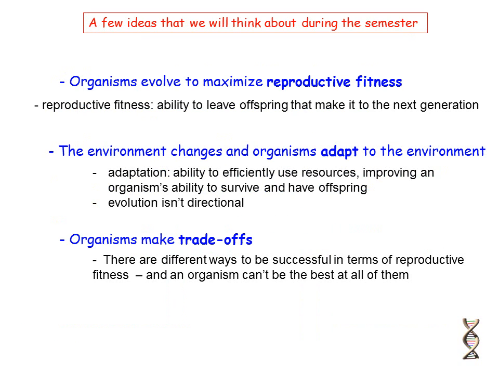All right, so here's a few ideas that we'll think about during this semester. Here's one. Organisms evolve to maximize reproductive fitness. Reproductive fitness, we're going to see, is a key to why it is that organisms do what they do. Here's another idea. The environment changes and organisms adapt to the environment.